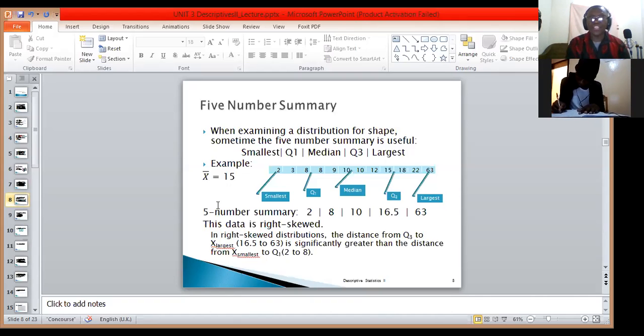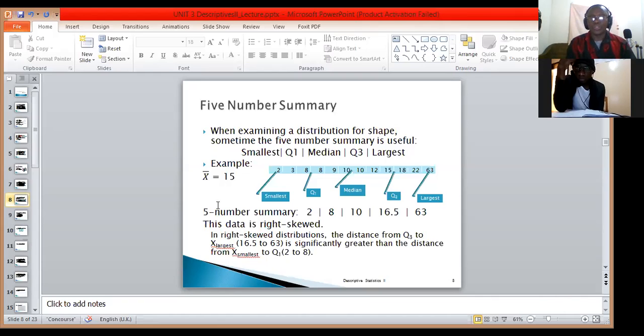We identify the smallest number, then the median, and then the largest number. Our lower quartile will be between the smallest number and the median, and our upper quartile will lie between the median and the largest number. That is according to the 5-number summary theory.